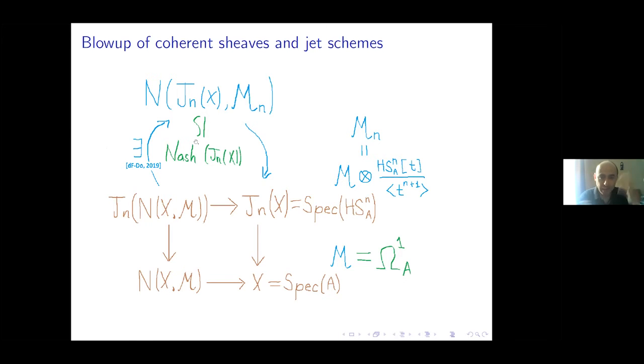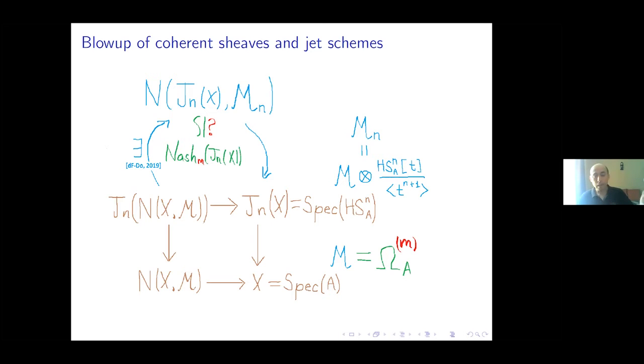And now, I presented you before a higher order version of Nash blowups. So I would like to know whether for these high order Kähler differentials, we also have an isomorphism here, okay? But following Fernandez-Docampo, the question is whether there is a higher order formula.